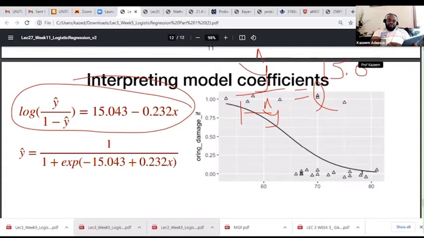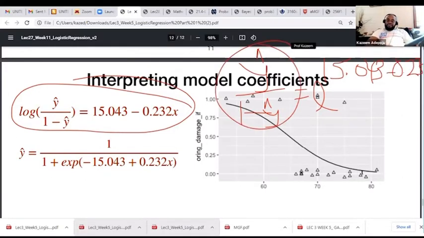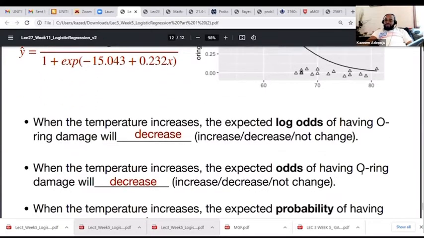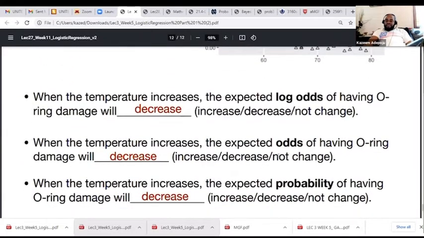The log travels to the other side. This is the log odds right now. If I want to get the odds, I'm going to take the anti-log of both sides, and that's going to be the exponential on the other hand. So that is the odds now. Did you see that? That is what I'm trying to say here. Look at that: odds is different from log odds.